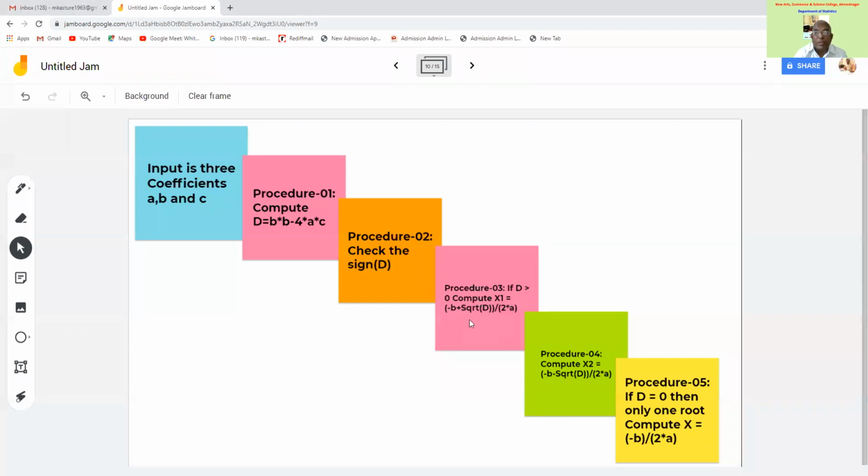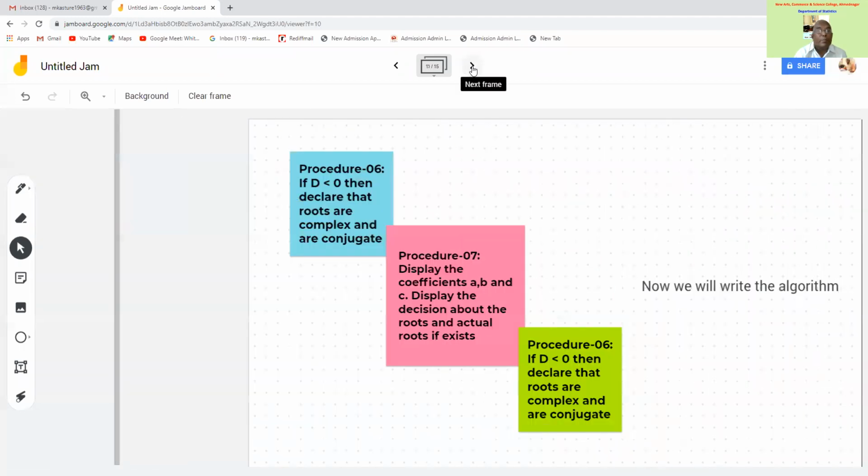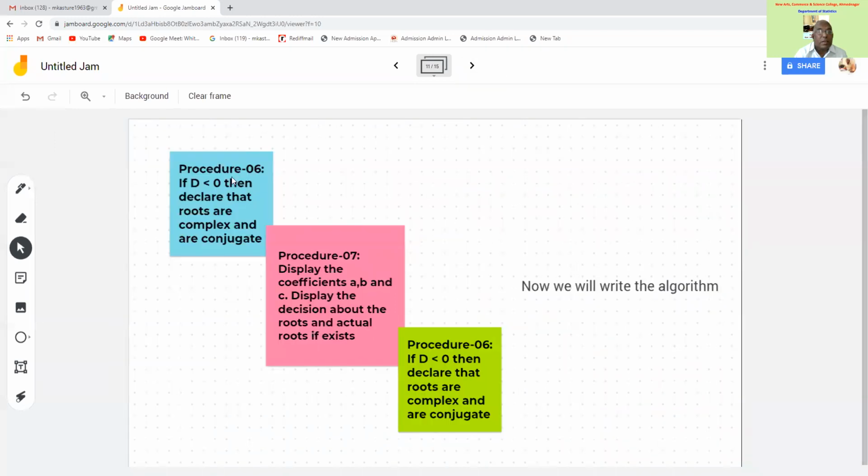If D greater than 0, so two roots x1 and x2 are given in steps 3 and 4. If D equal to 0, we have only one root, and that is x is equal to minus b upon 2a. If D is negative, then our declaration is roots are complex and conjugates of each other.